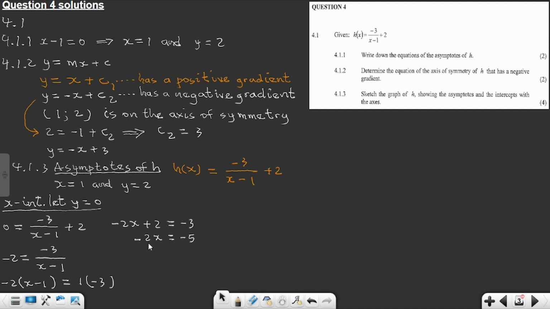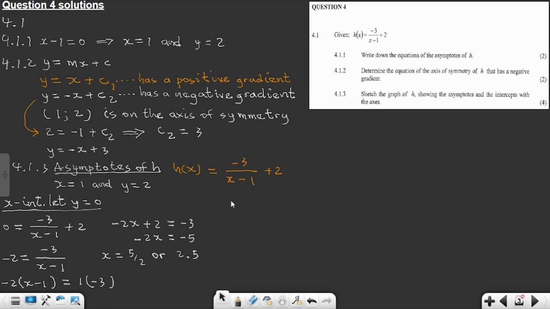To solve for x, you divide by negative 2 on both sides. So x = -5/-2, which gives you 5/2, or you can say x = 2.5 if you want to write it as a decimal. So this is the x-intercept.